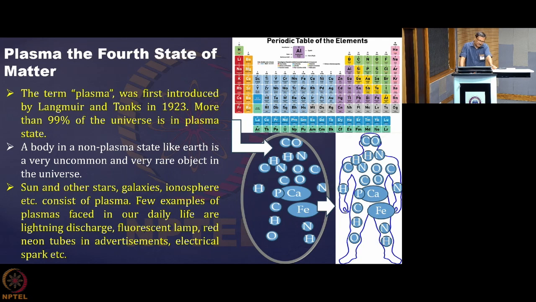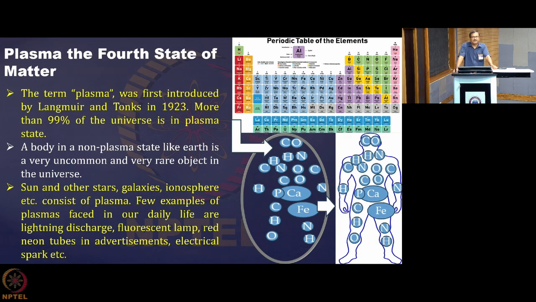When we say solid, liquid, or gas, we can distinguish them. A solid you can tell by touching that it is solid, and a liquid, of course, you can touch and say it is liquid. And a gas occupies whatever volume it is given, the complete volume.